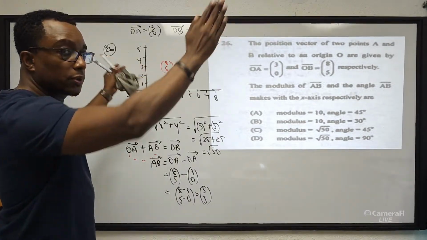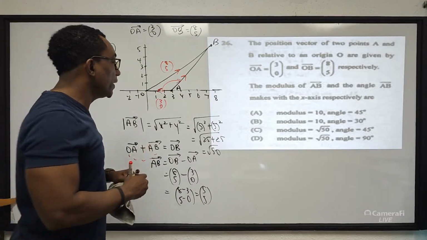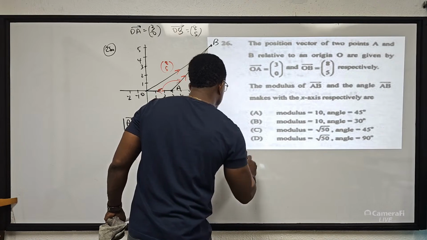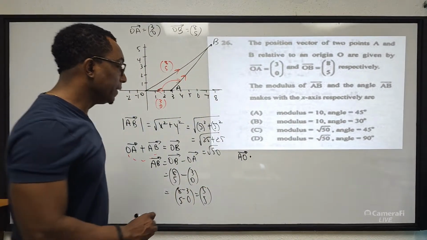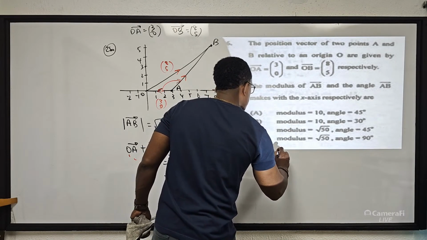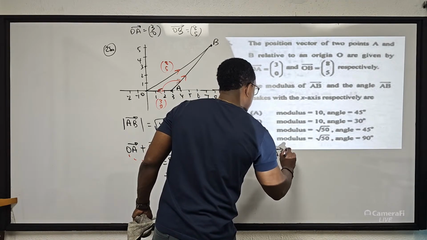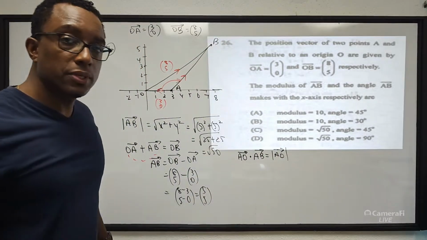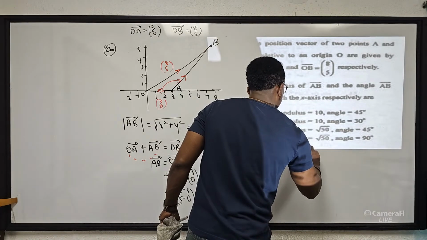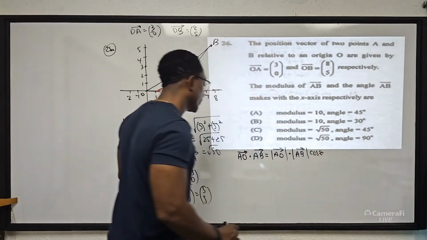Bring this way now. Alright, so you see the two arrows going that way from the fixed point. So I'm going to say AO dot AB is equal to the modulus of AO. So that's how we find the angle using the dot product. Dot the modulus of AB cos theta.